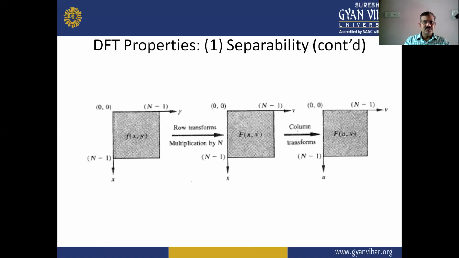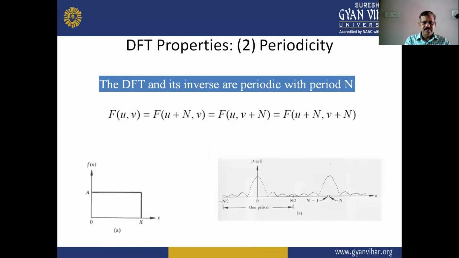There are also some DFT properties here, and these figures show the DFT separability property. The second property is periodicity. The DFT and its inverse are periodic with period n.